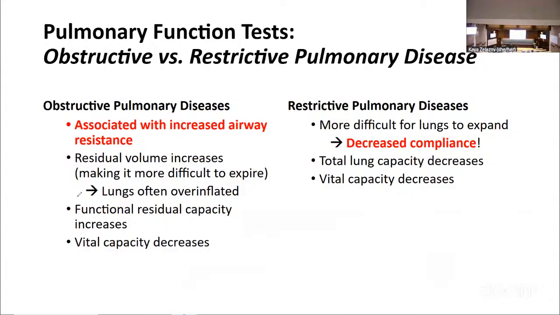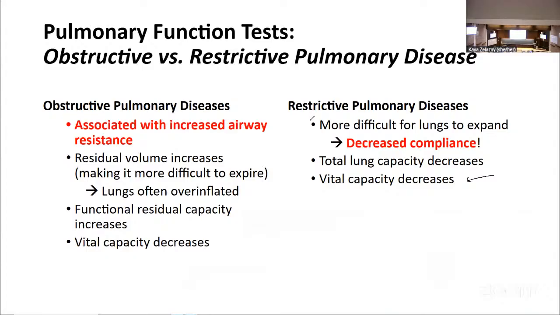But in total, the amount of air we're moving per breath, even with our kind of forced breaths, our energetic breaths, where we use some energy, that vital capacity often decreases a bit with these obstructive pulmonary diseases. We'll see that that's also the case with the restrictive pulmonary diseases.